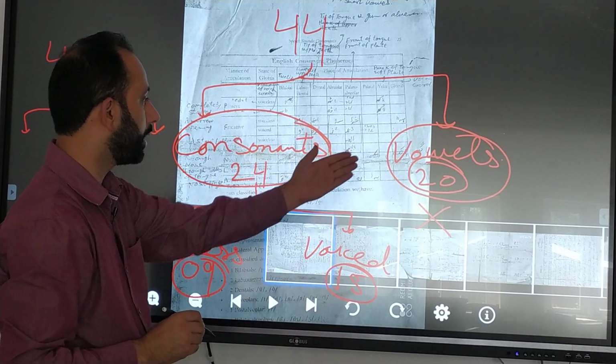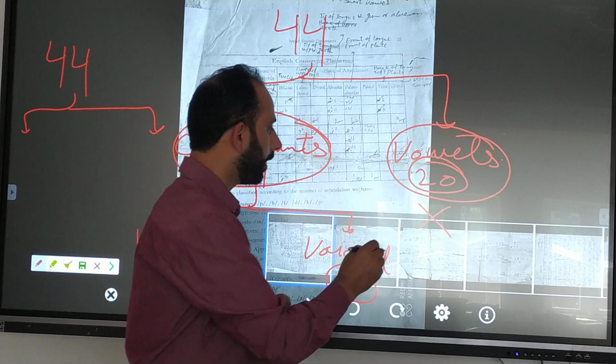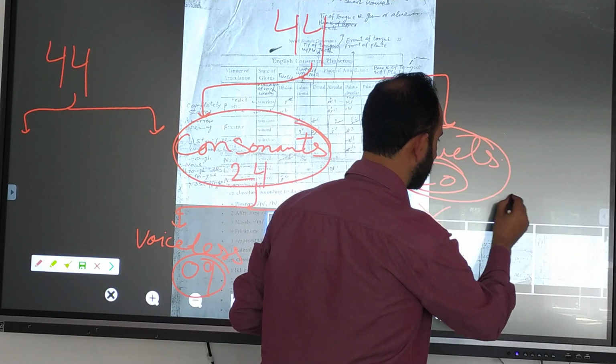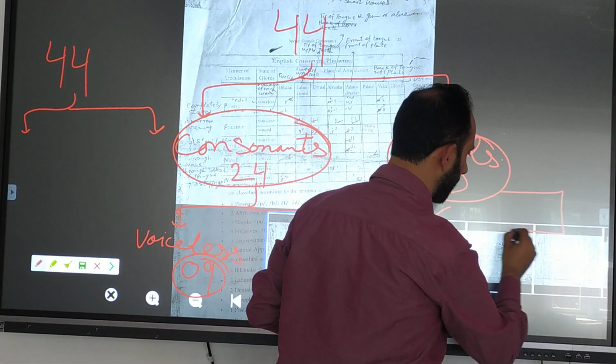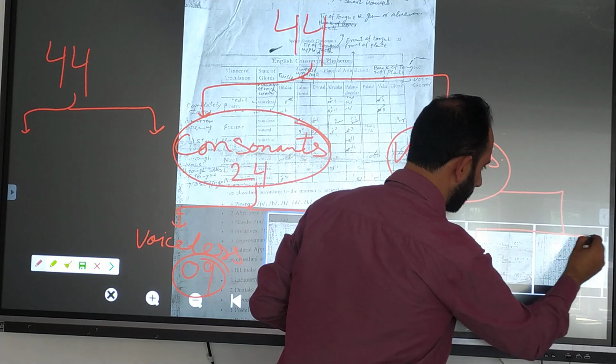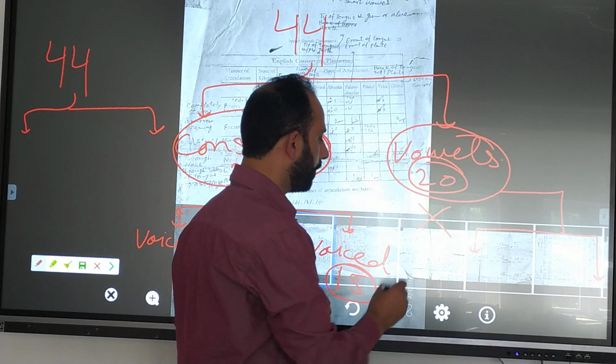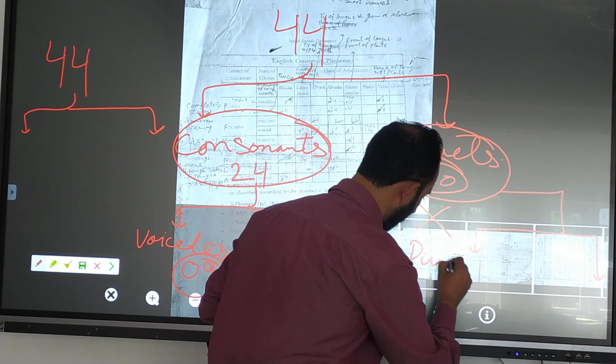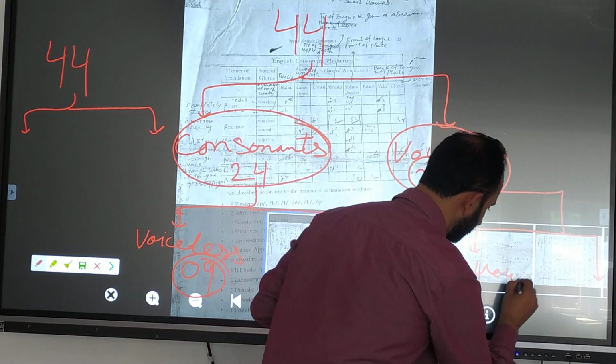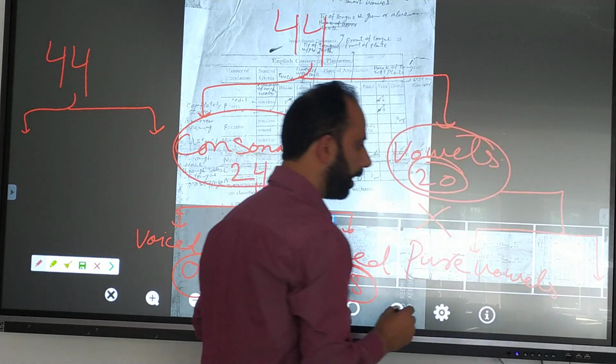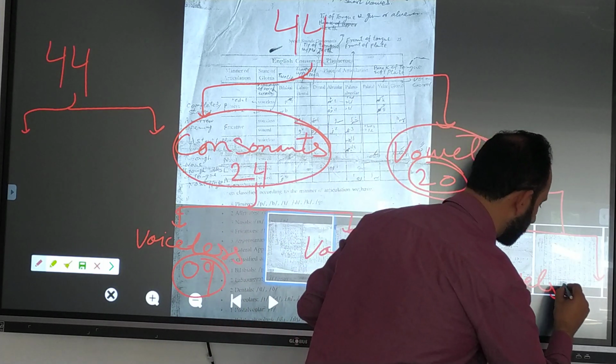Also, I have told you that vowels are divided into two types. Number one is pure vowels, and another is diphthongs.